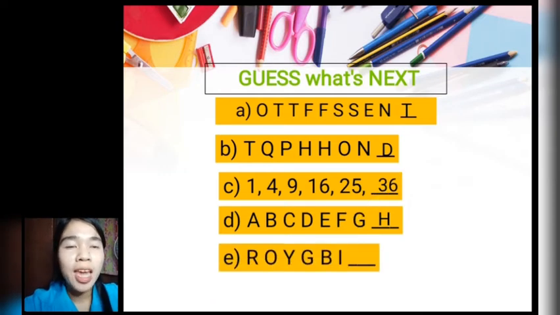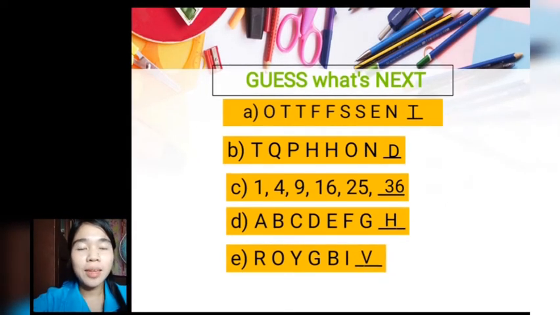We have here R, O, Y, G, B, I. Then what's next? Okay, so the pattern here, the R, O, Y, G, B means the colors of the rainbow. So what's missing? Okay, so the missing here is the color violet or the letter V.